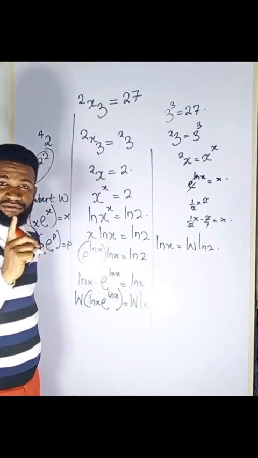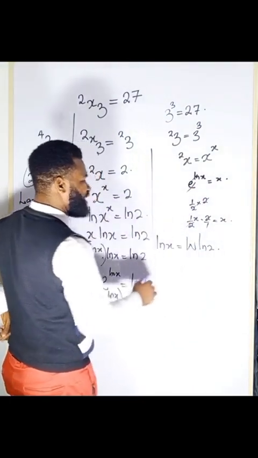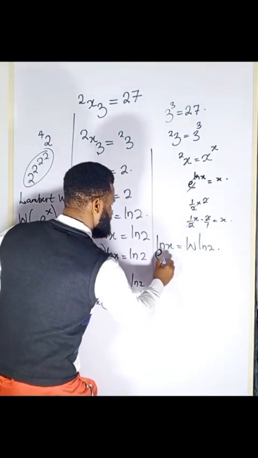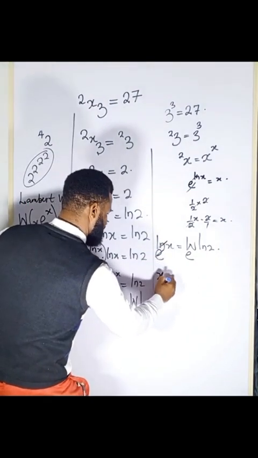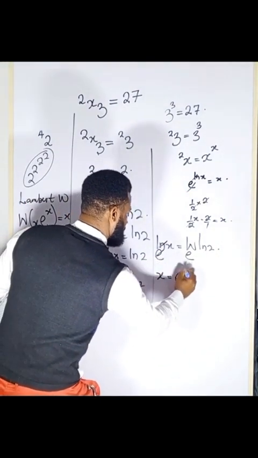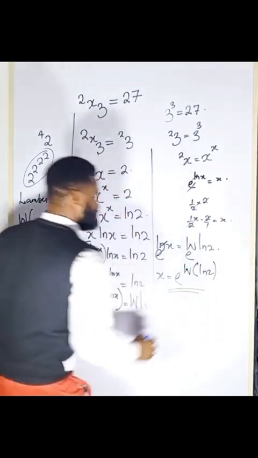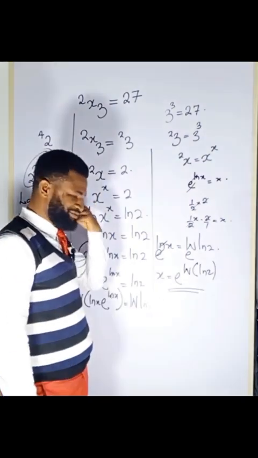All right, remember I'm looking for x. So I have to go back to this. I'm going to take e of both sides. So I'm going to put e to this and e to this. This will cancel this, and I have only x, which is equal to e to the power W function of ln 2. Oh my God, you may think, what is this?